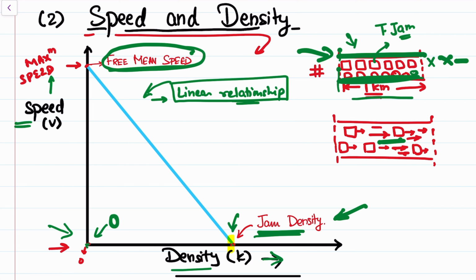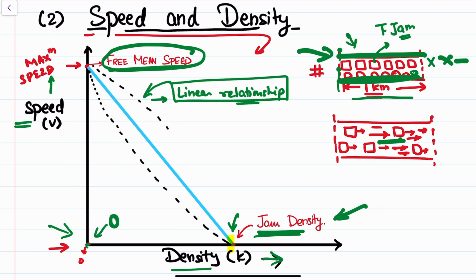So the common relationship is somewhat a linear relationship. Depending upon the road, these graphs are obtained through studying the practical traffic flow conditions on the road, and after that, these graphs are reduced. So it may happen that the graph is obtained like this.